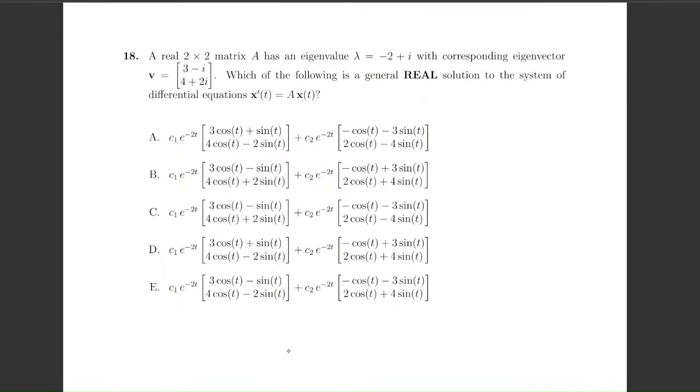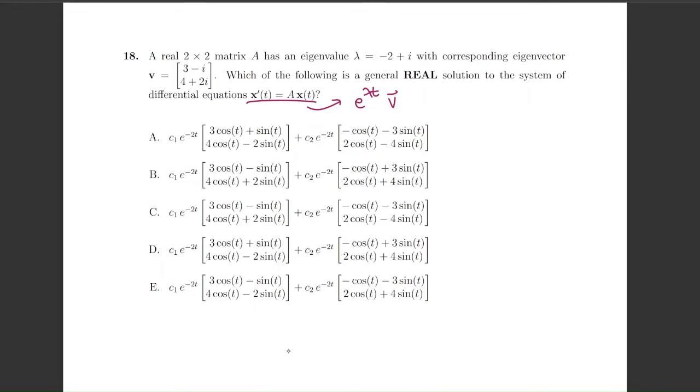Alright, so here we have this real 2x2 matrix A that has eigenvalue -2 plus i, and it has the corresponding eigenvector of v, which is a real solution to the system here. So our generic solution to any system like this is e to the lambda t times the eigenvector that corresponds to it. So in this case, let's just have it be v.